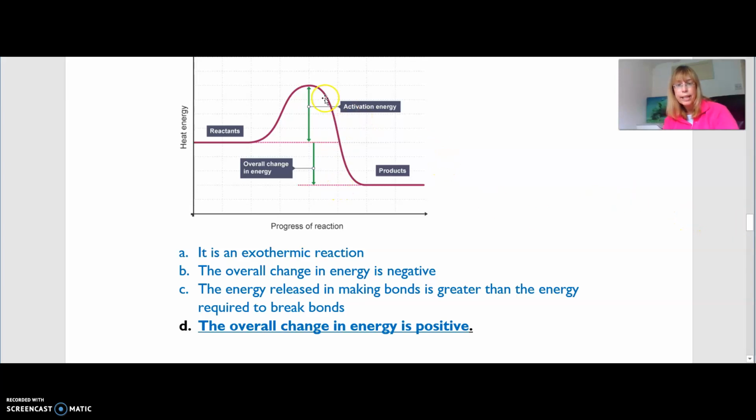Yes, because there's a lot more energy involved in going from there to the bottom. So the overall change in energy, yes, that's quite true. The overall change in energy is positive? It's not, because that would be for an endothermic reaction. If you're having problems with that, please just email me.